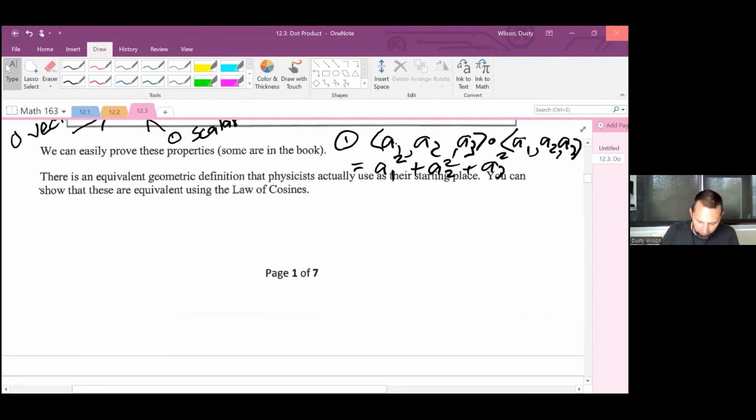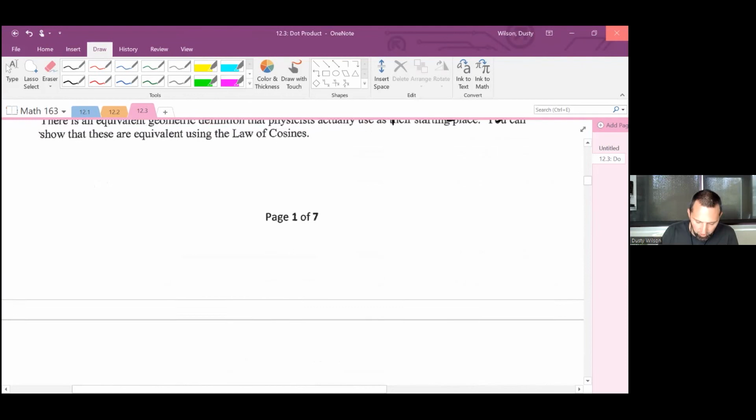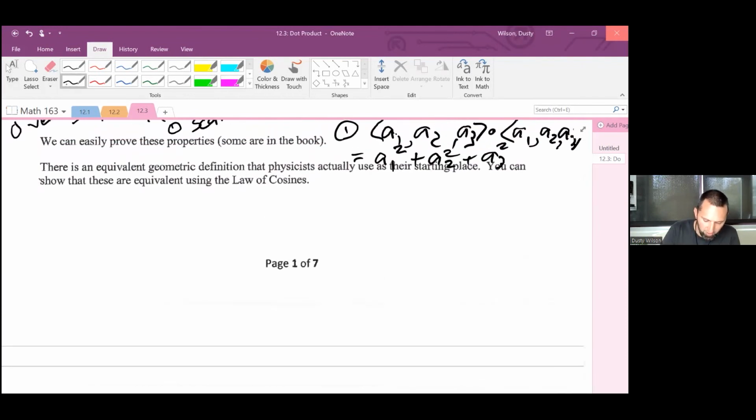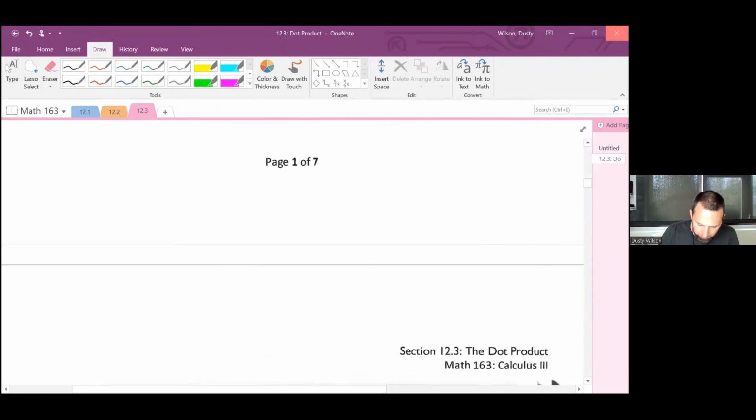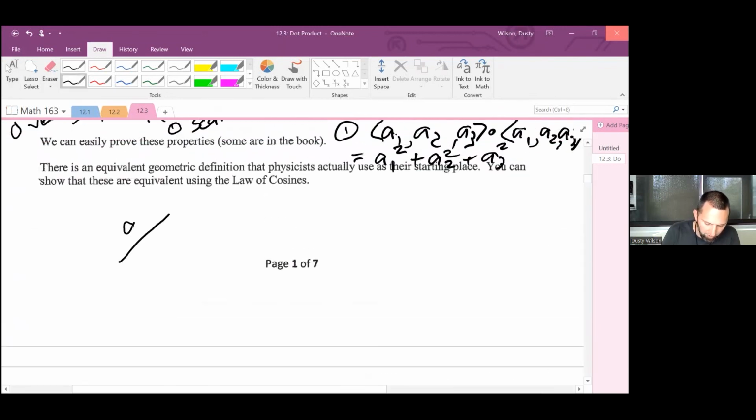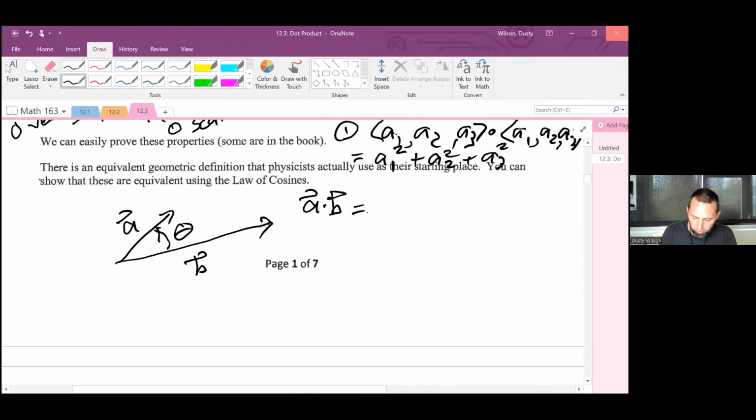So for the physicists, if you have vector A and vector B, and theta is the angle between them, then A dot B is equal to the magnitude of A times the magnitude of B times the cosine of the angle between them. So here's a relationship between vectors and angles.